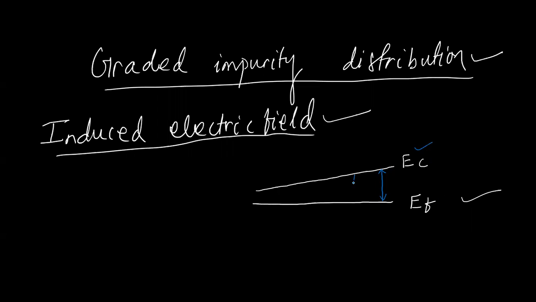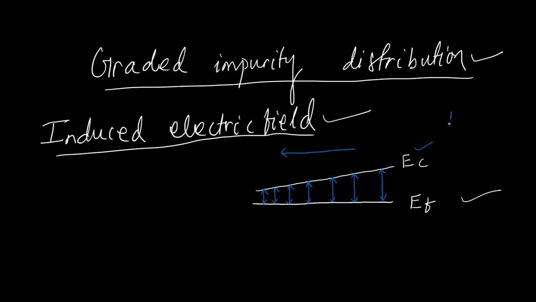The gap you can see continuously decreasing as you move from right to left, towards left. You can see the distance between EC and EF decreases. That clearly indicates that towards the left, the gap between EC and EF decreases.